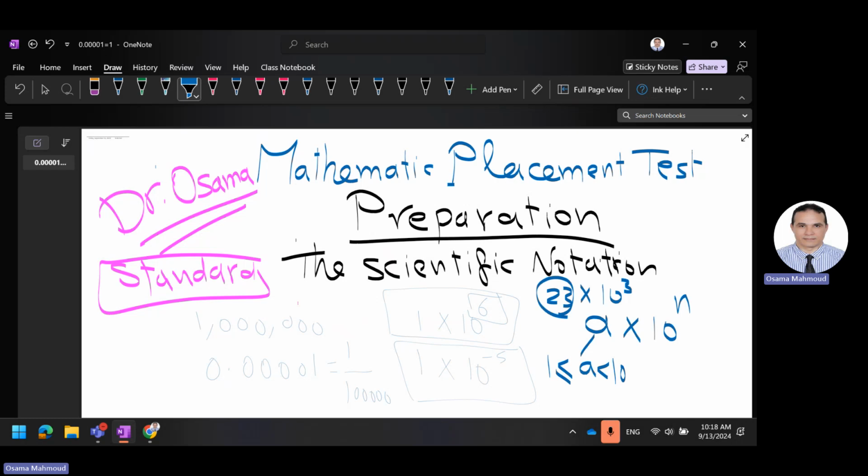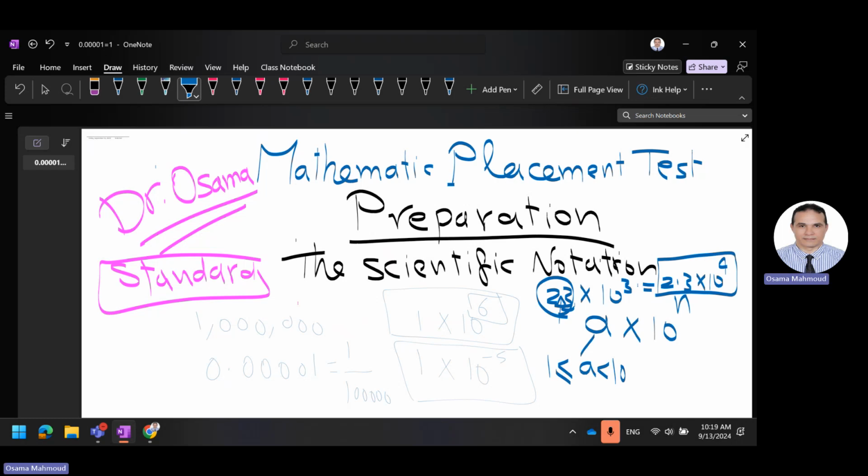Must be less than 10. What I'm going to do, I have to go to the decimal places over here. So the decimal place was here. So I move it 1 to the left. Okay. So I increase the power by 1. So I can write this one 2.3 times 10 to the power 4. Okay. This is a proper scientific notation.